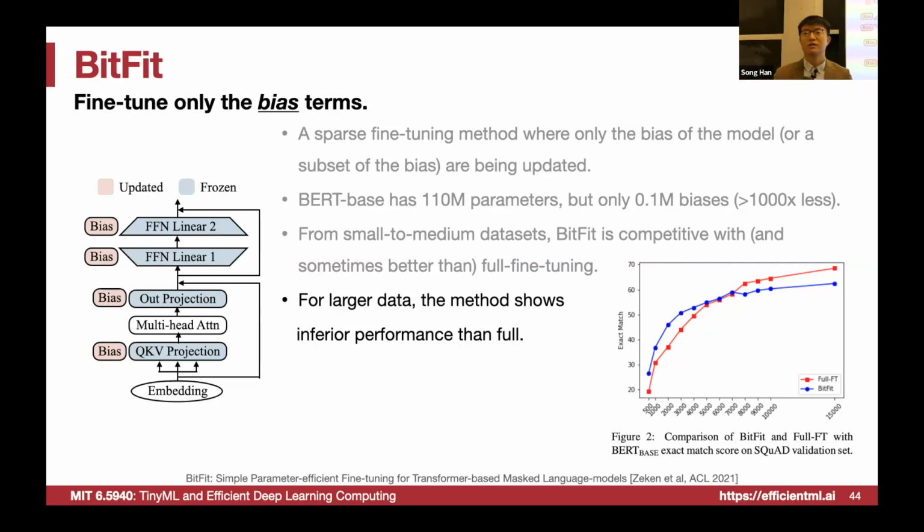That makes sense because fine-tuning the bias only, the red part, you have very limited capacity compared with fine-tuning a full network. So when the data is pretty small, it's advantageous to fine-tune the bias only, but it doesn't quite work when the data size is much larger.